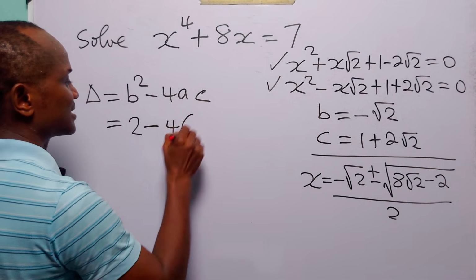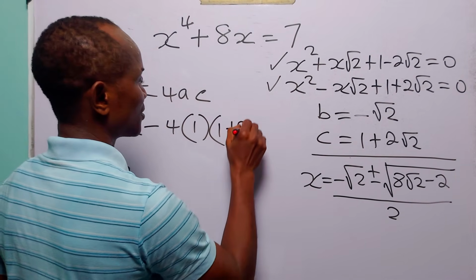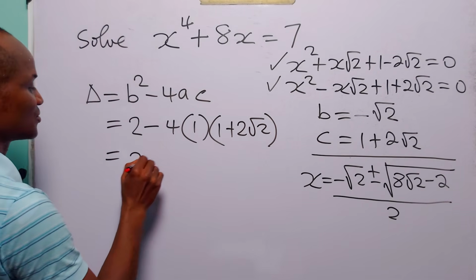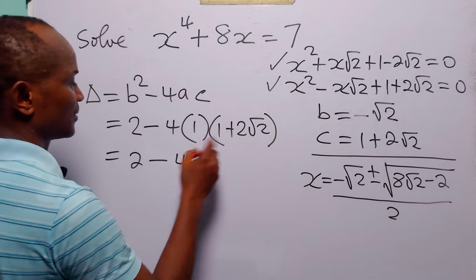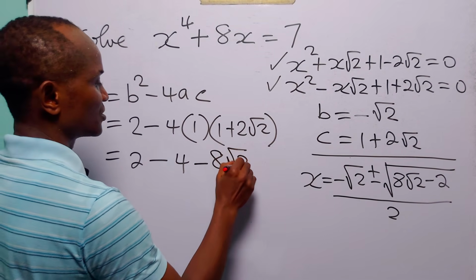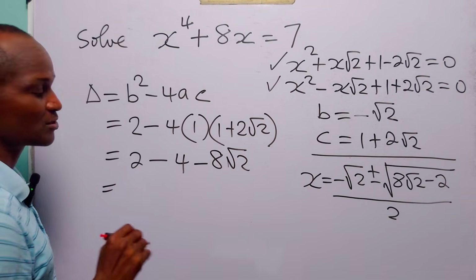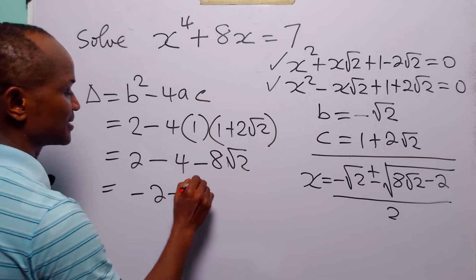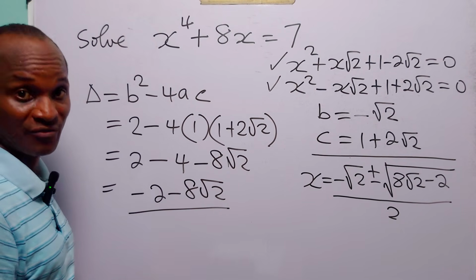Minus 4 times a is 1 and c is 1 plus 2 root 2. This is equal to 2 minus 4 minus 8 root 2. 2 minus 4 is equal to minus 2. So we have minus 2 minus 8 root 2. And of course, you can see that this is a negative number.